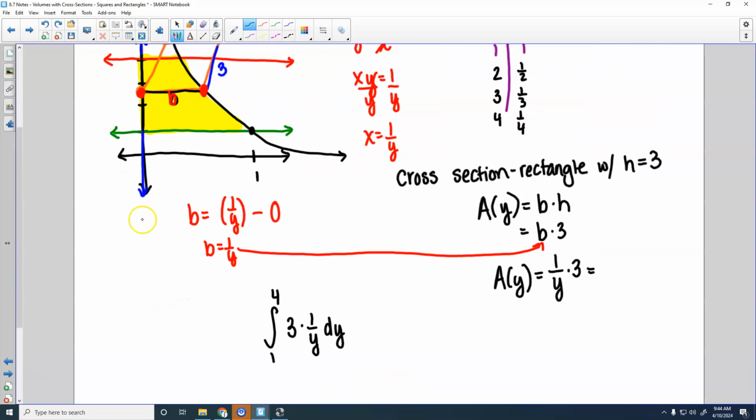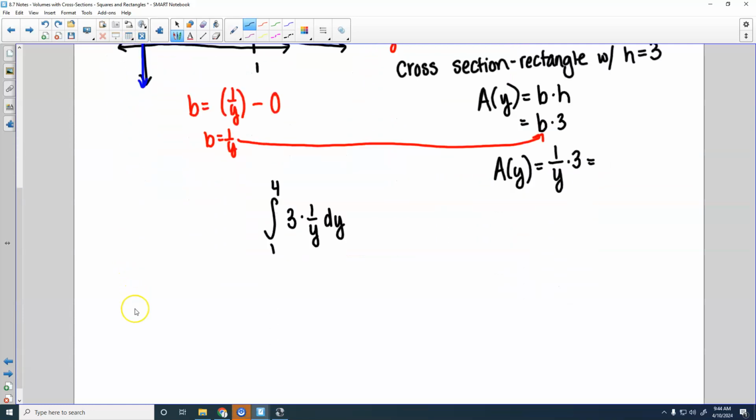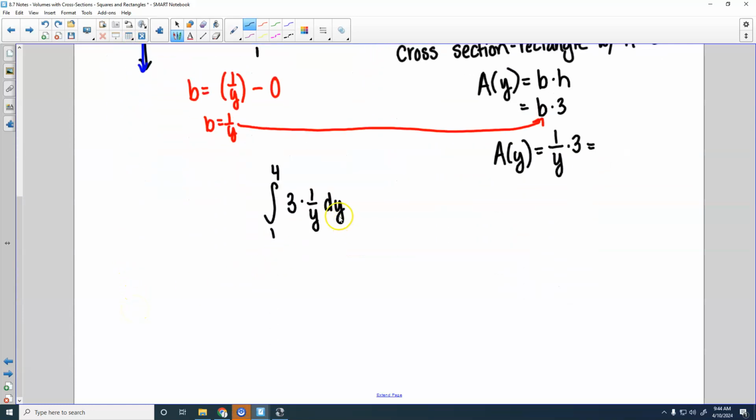It is a length of 3, but you're looking at your value, so it's 1 up to 4. That's what we use there. Okay. So whenever we're doing it in terms of y, we have to look at the y-axis for our limits. So we're looking at the lowest and highest on the y-axis, not the x-axis, which is a really common mistake.